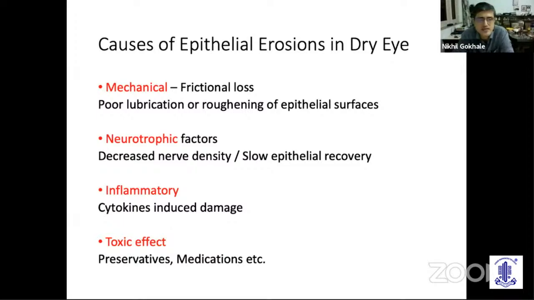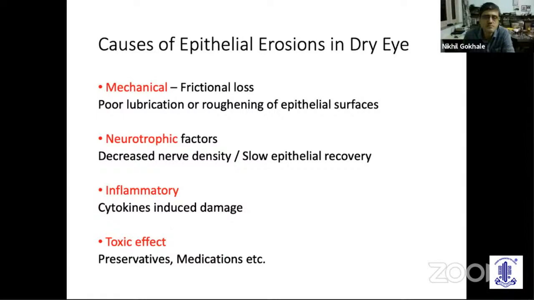We know that in dry eye, there is a decrease in the subbasal nerve density, and therefore these factors might slow down the epithelial recovery. We could also have epithelial erosions because of inflammatory cytokine-induced damage to the ocular surface epithelium. And we all know that a lot of medications and preservatives may have toxic effects on the corneal epithelium, and therefore give rise to ocular surface staining.